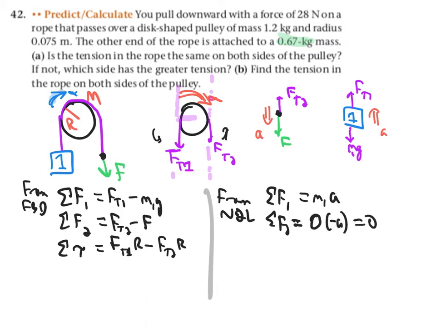It doesn't matter how much acceleration there is, those two forces have to be in balance because there's no mass. And finally, the sum of the torques is I, and I should be careful here, we're going counterclockwise, so minus alpha. And it's a disk, so I is a half times m times r squared.